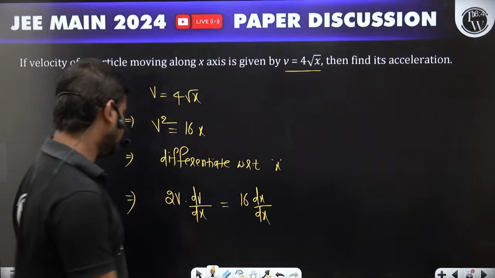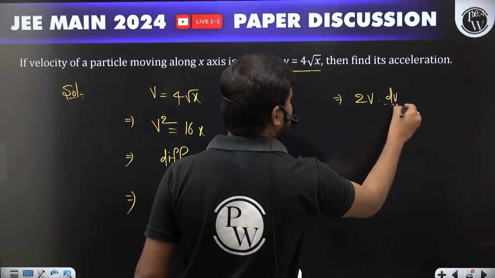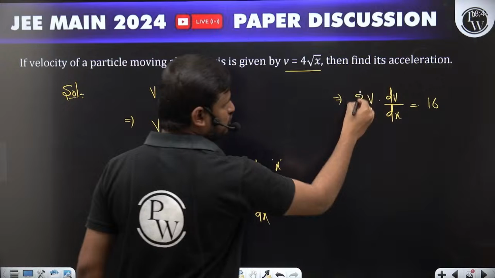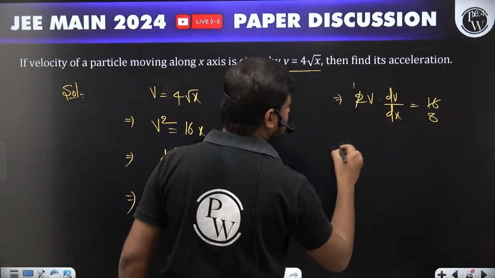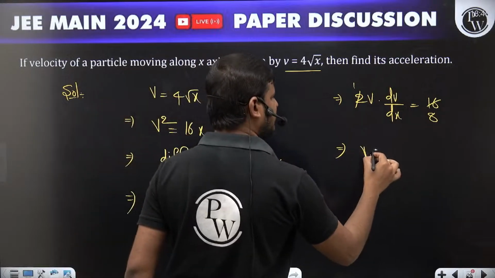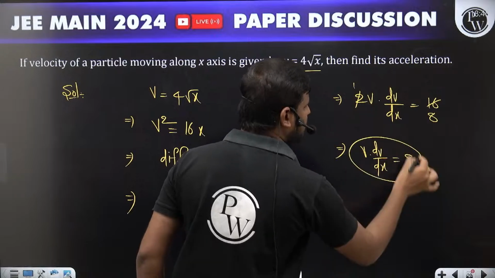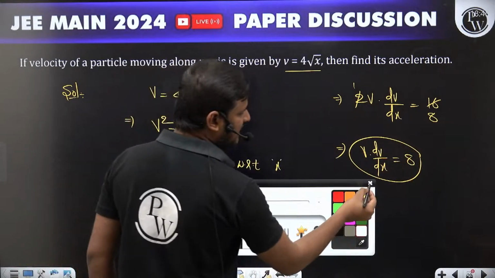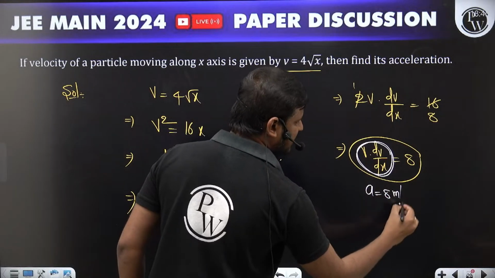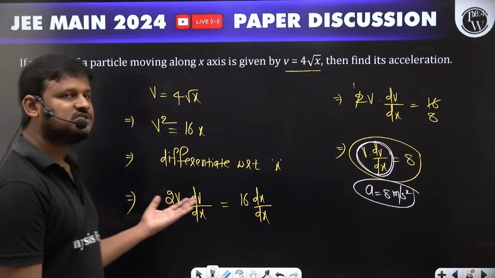So 2v dv by dx equals 16, so v into dv by dx equals 8. You are already aware that v into dv by dx is nothing but the acceleration, which is 8 meter per second square. The easiest question.